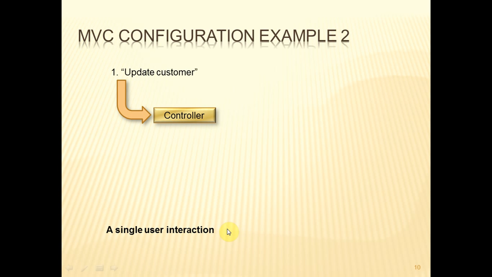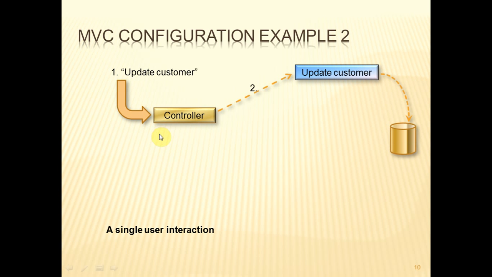So here we have another example. The update customer request comes in to the controller, whose first job will be then to activate the update customer model component, who will write to the database.